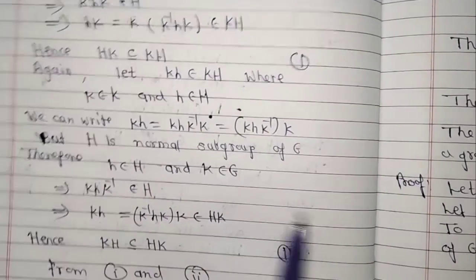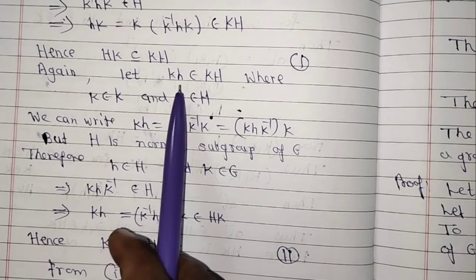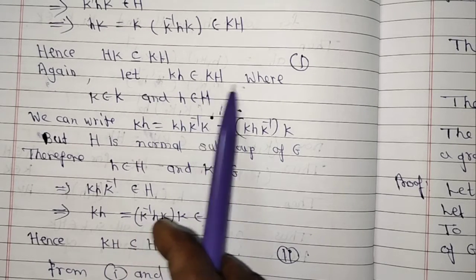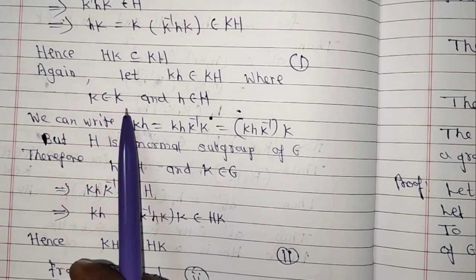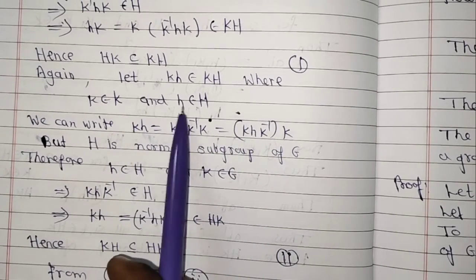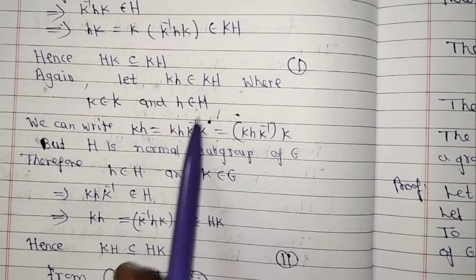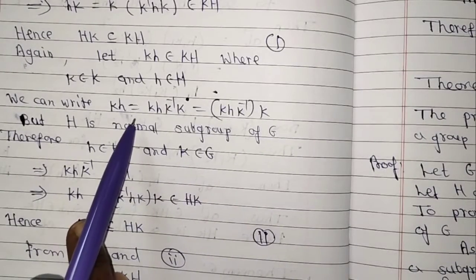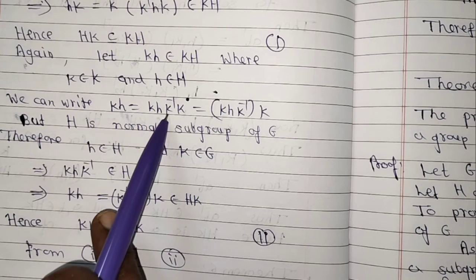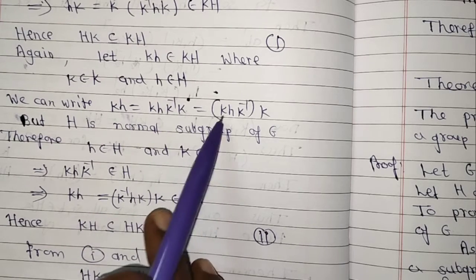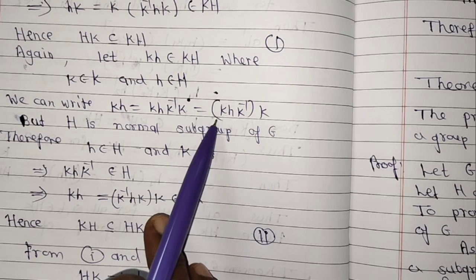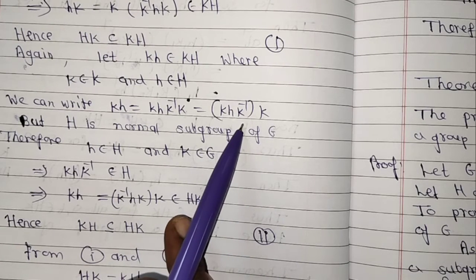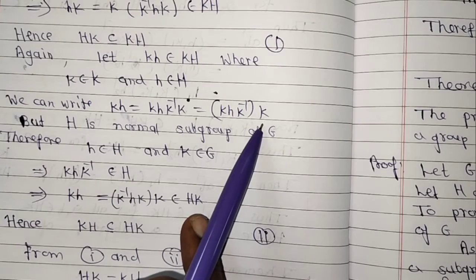Again, it is assumed that small kh belongs to KH, where k belongs to K and h belongs to H. We can write small kh equal to small kh into k inverse into k, and by associative property this is equal to, in bracket, khk inverse bracket complete into k.